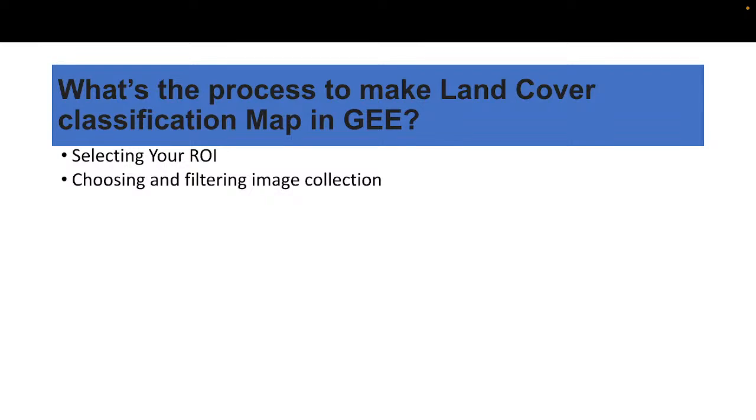Suppose if you want, you can choose Landsat, or you can also choose Sentinel. Sentinel is better than Landsat because Sentinel provides 10-meter resolution, but Landsat is 30-meter. But when you do historical data analysis, suppose you want to make the map from 1990 to 2024, then you must use Landsat imagery, because Landsat imagery is available from 1973.